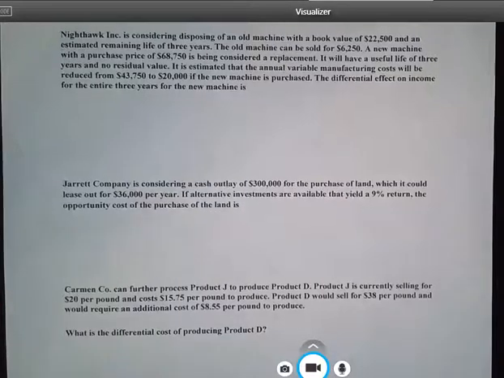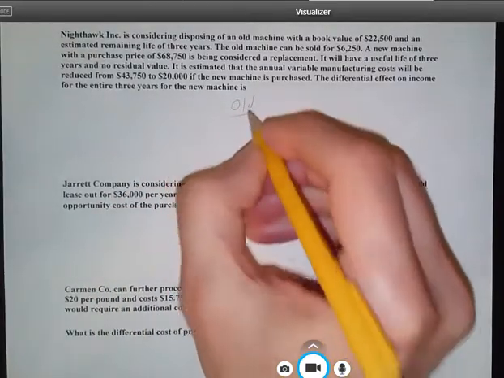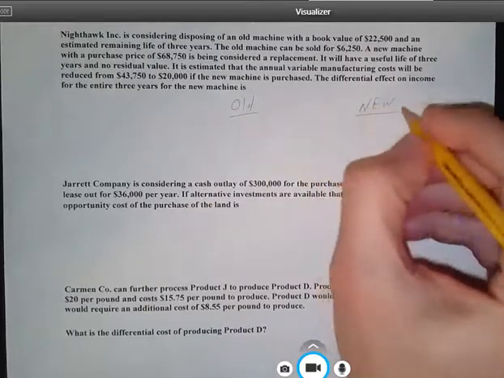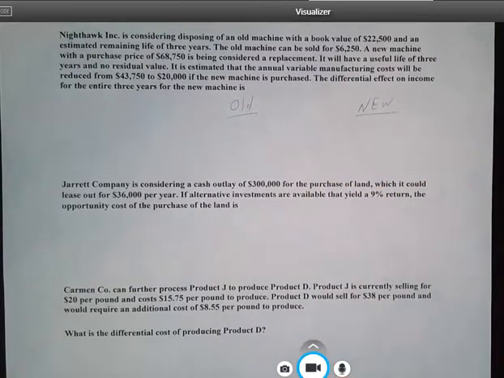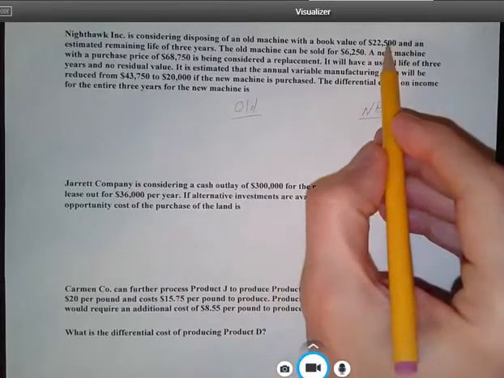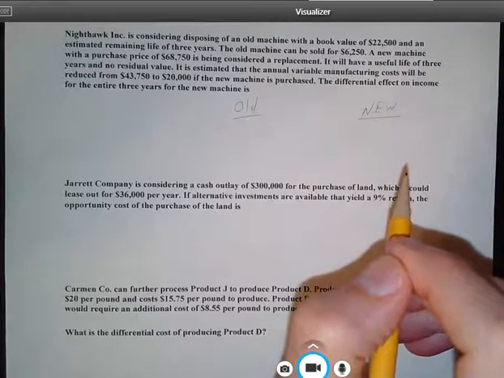Okay. So let's just do it like this. Let's have old and new. We've already purchased the old machine, so this book value here is not relevant to our current decision-making process.